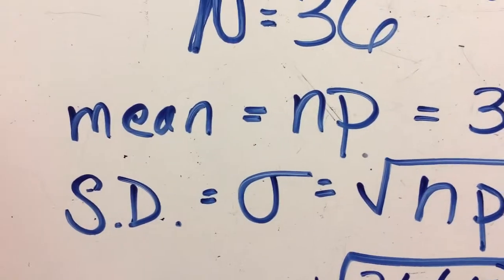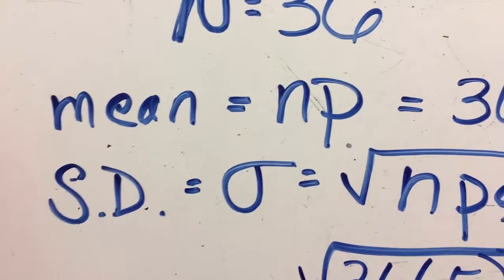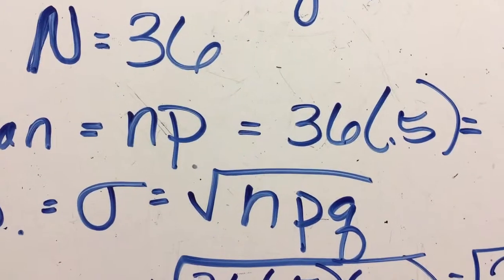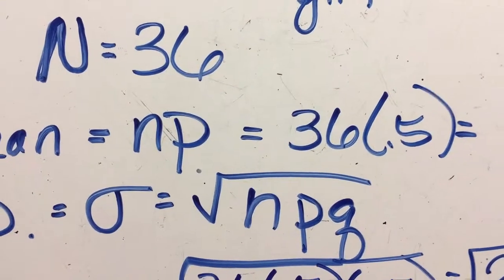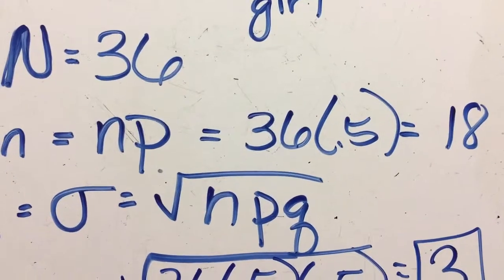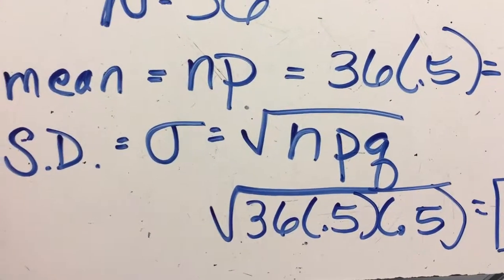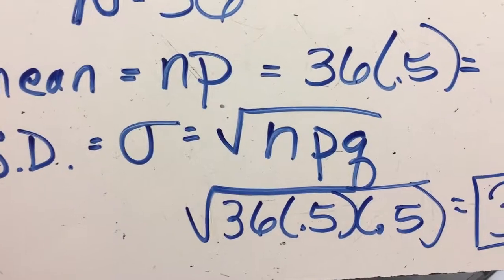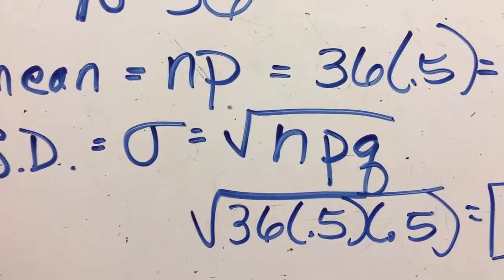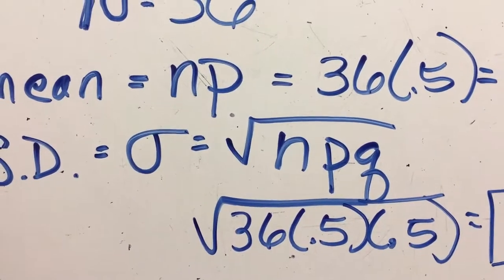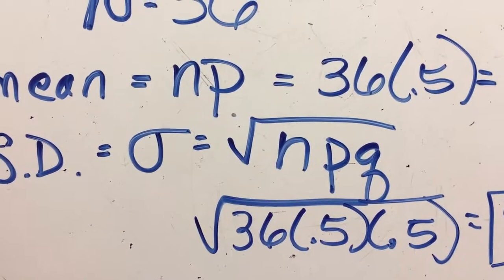Now, remember this formula: the mean of a binomial distribution is n times p. So 36 times 0.5 is going to give you 18. We should expect 18 girls. That's the mean. The standard deviation is the square root of npq. Remember, if p is 0.5, then q, which is 1 minus p, is also 0.5.